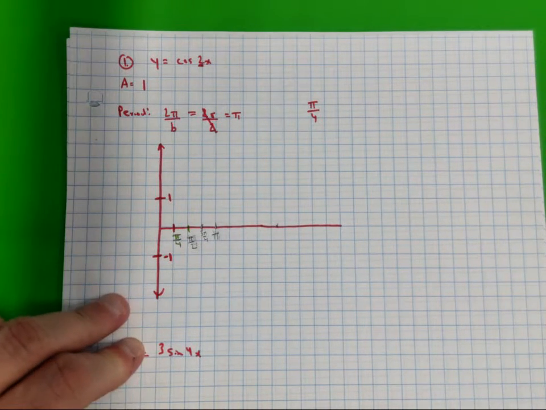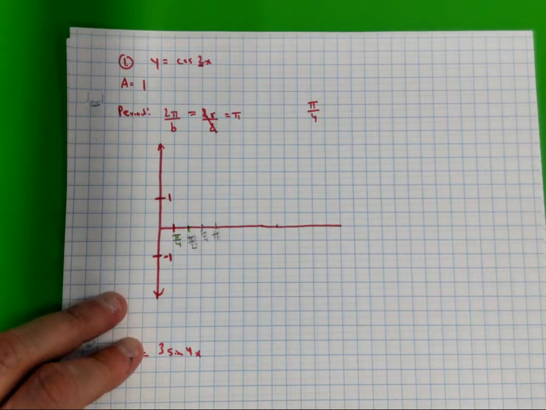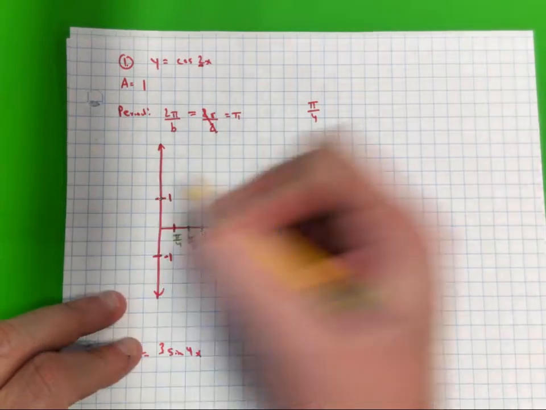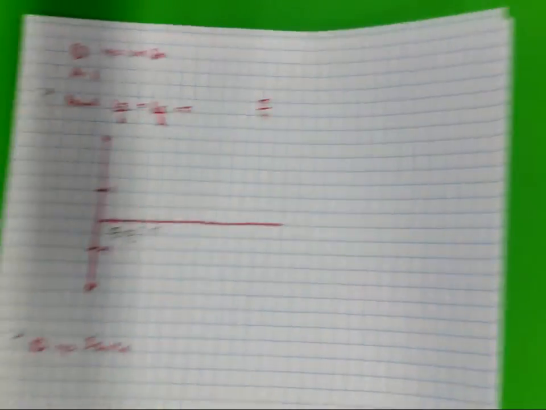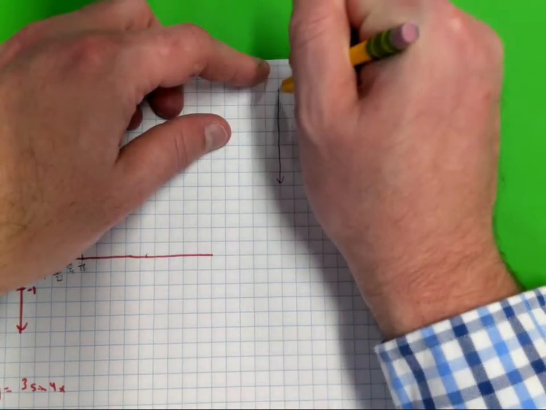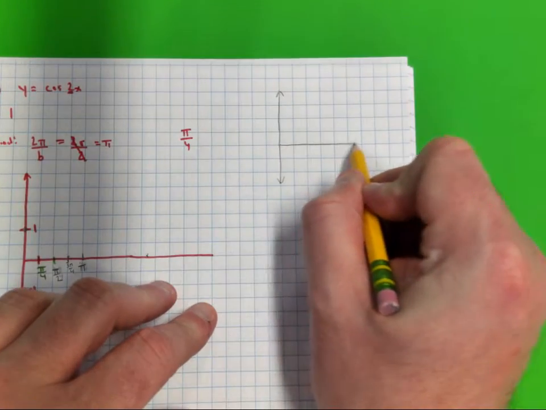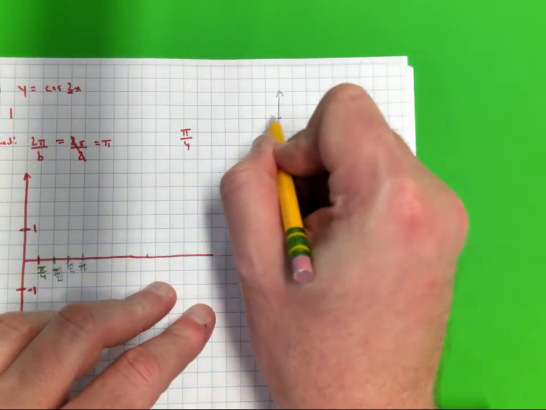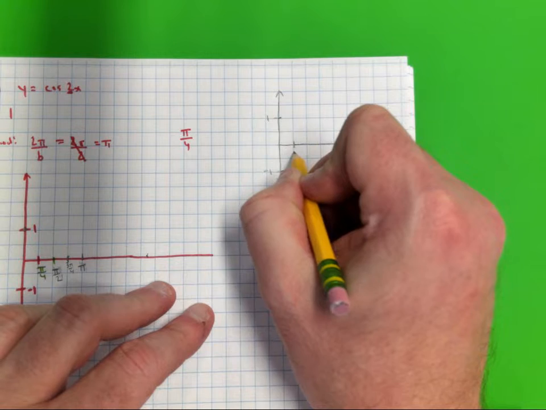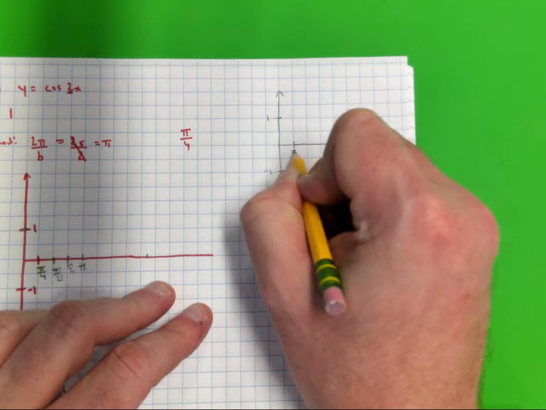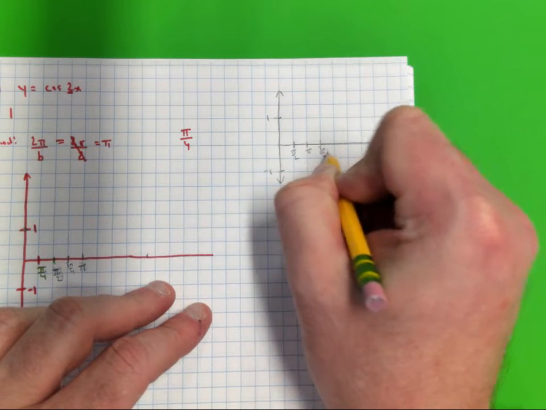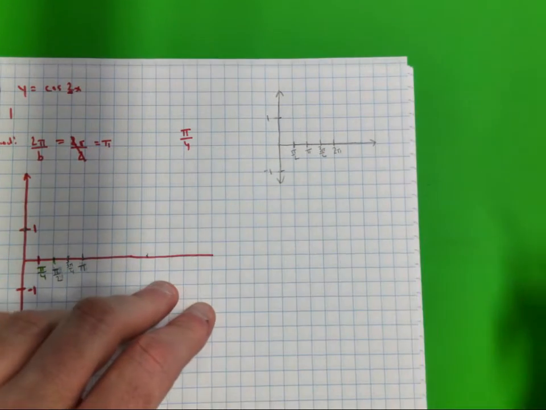Now, remember we talked about this today that our cosine graph starts up here at your amplitude. Let's review that quickly. Now this is the cosine parent graph. Your major points around the unit circle: pi over 2, pi, 3 pi over 2, 2 pi.